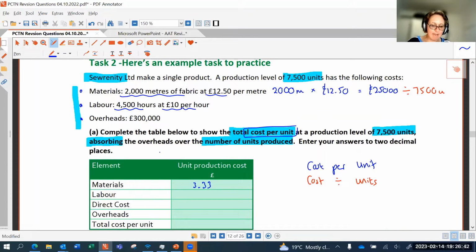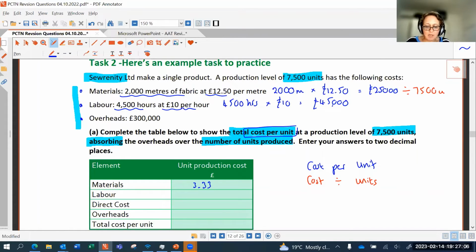Remember, labour is my payroll, my people, my staff. Lovely. Yep. So 4,500 hours have been worked. Each hour has been paid at £10. So my payroll bill is £45,000. So I can work that out to start with. Find the cost. And then I can say, well, that was the cost of making 7,500 teddy bears.